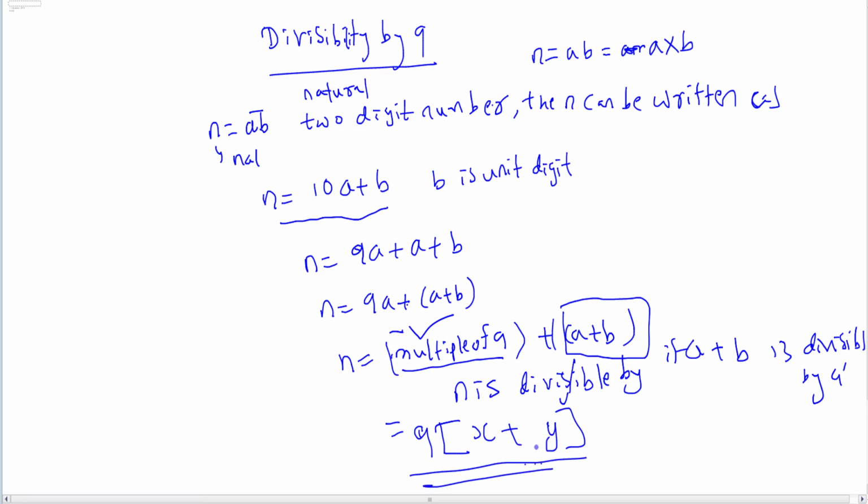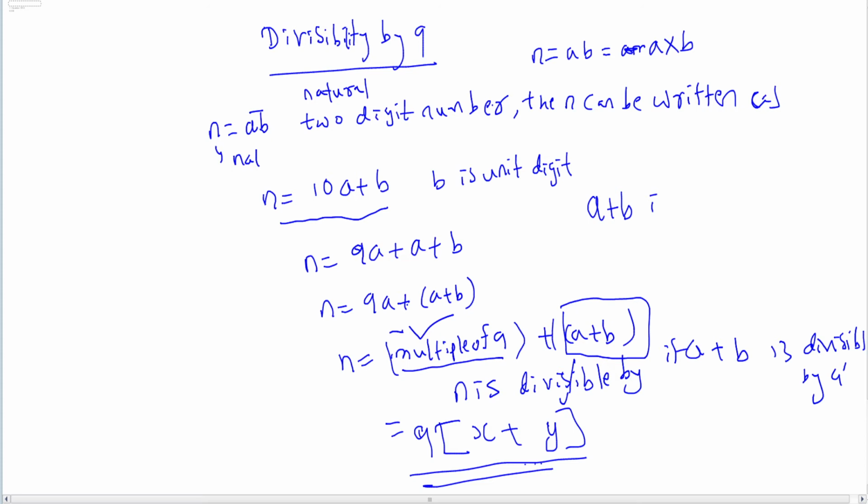Okay, therefore the a plus b, the sum of digits, I can say the number is divisible by 9 if the sum of its digits is divisible by 9.